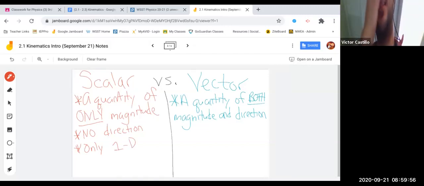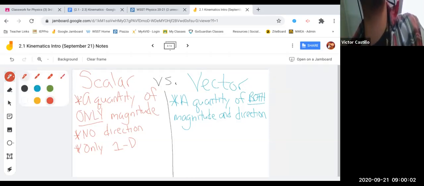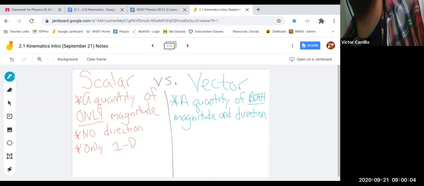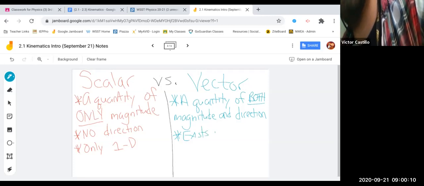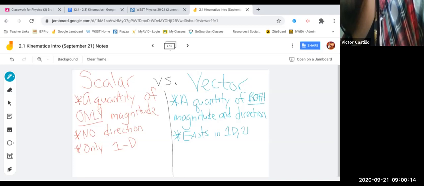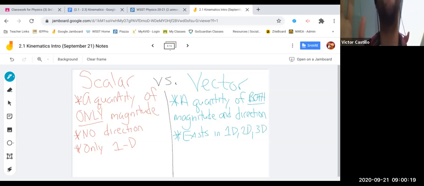That means it can only exist on a flat surface. That's it, like a little dot. As opposed to a vector, which can exist in 1D, 2D, or 3D. So one dimensional, two dimensional, or three dimensional.